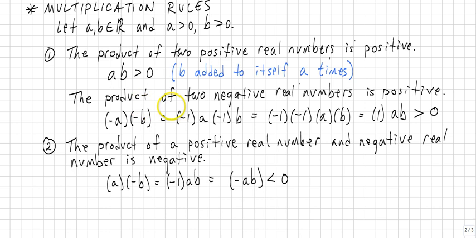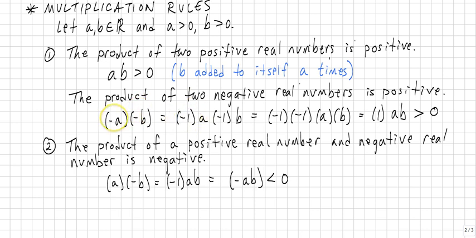What's more interesting is what if you multiply two negative real numbers together? So the product of two negative real numbers is actually positive. And maybe a quick explanation why. So if A is positive and B is positive, then if you throw a negative out front, they're now negative numbers. So a negative real number times a negative real number.